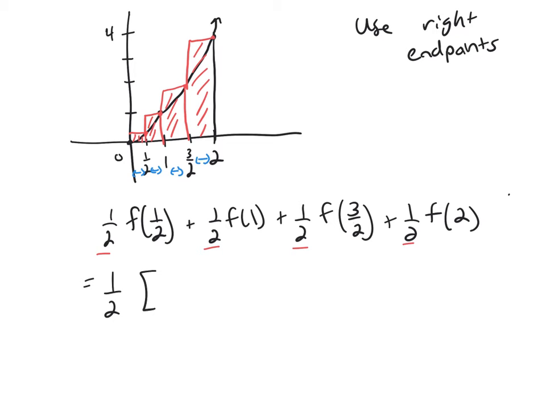And then f of 1/2 would be 1/2 squared. f of 1 would be 1 squared. f of 3/2 would be 3/2 squared. And f of 2 would be 2 squared.